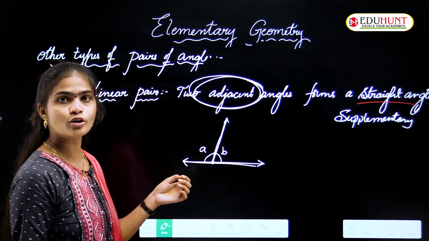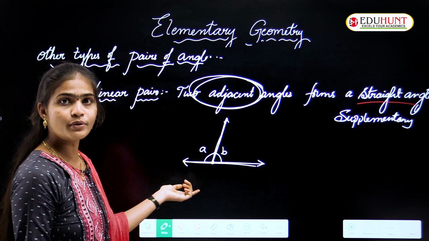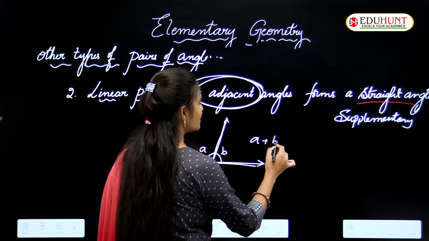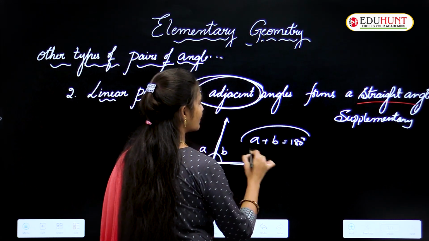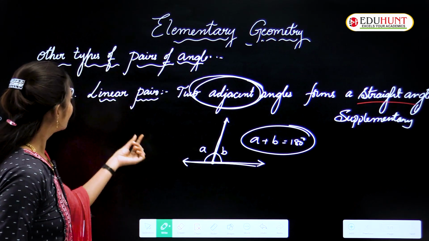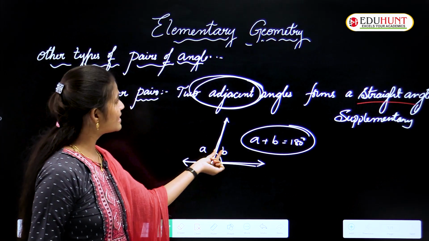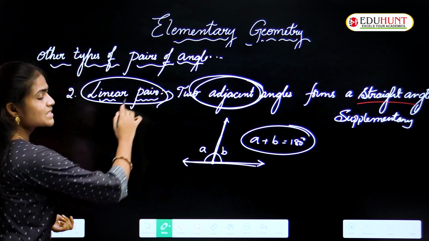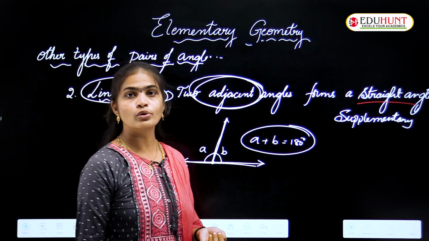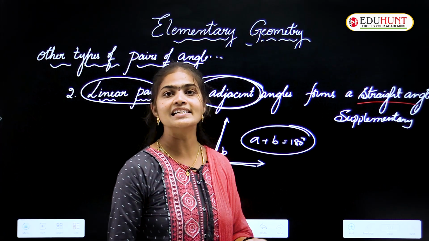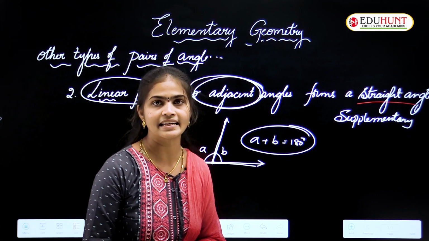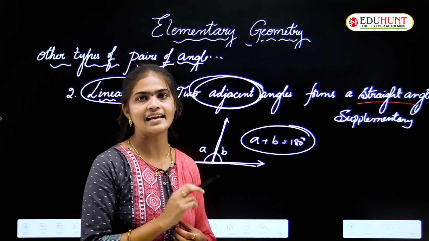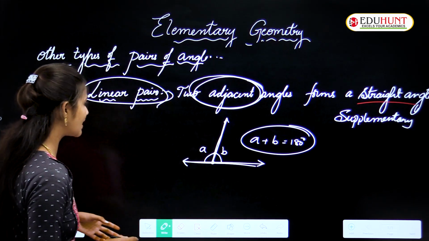On a straight line at that common point, the angle is 180 degrees only, no? So A plus B is equal to 180 degrees. So when two adjacent angles form a straight angle, we call those two angles a linear pair. So linear pair means the sum of two angles must be equal to 180 degrees, and those two angles must be adjacent angles, not two individual angles.